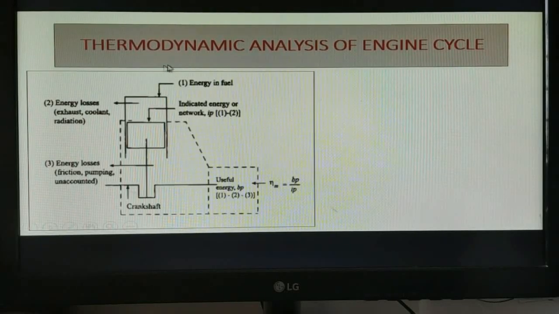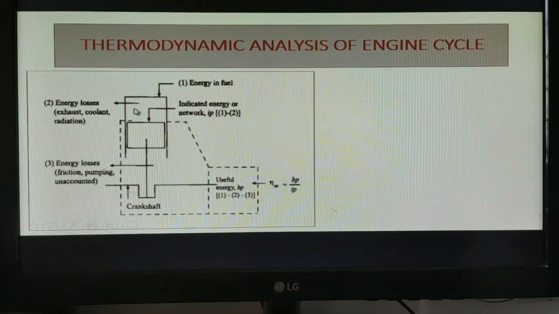So if you see the thermodynamic analysis, the fuel we are burning inside the cylinder, the air fuel mixture we are burning in the cylinder, will generate some energy. Part of that energy is used to push the piston down, and that part of the energy is known as the indicated energy, indicated network or indicated power.